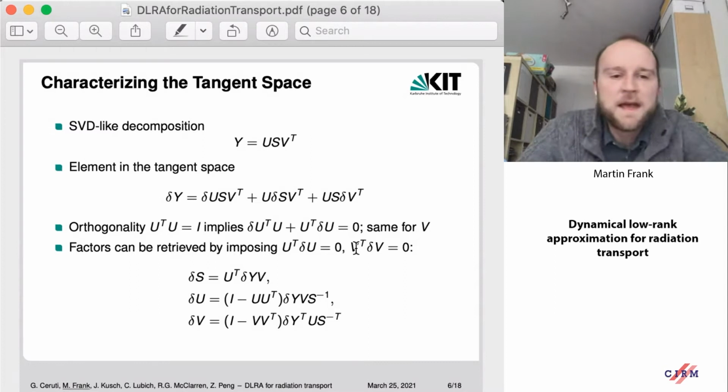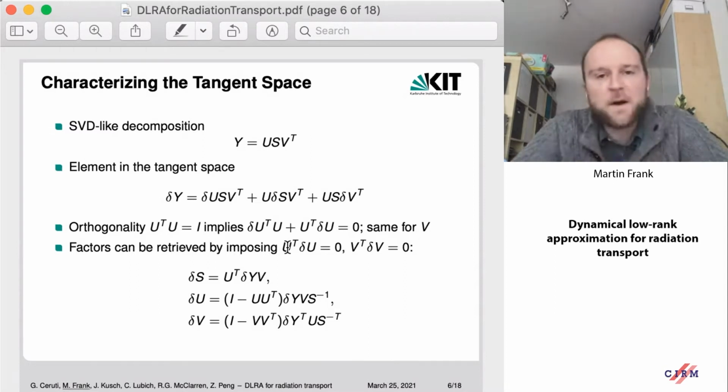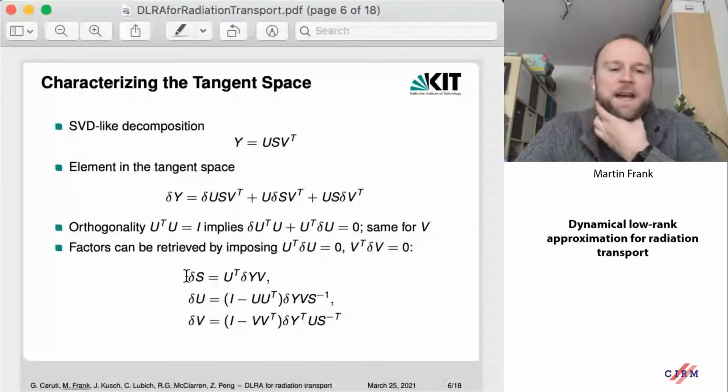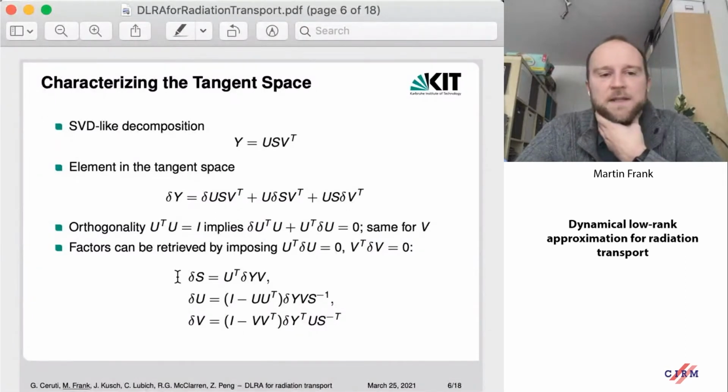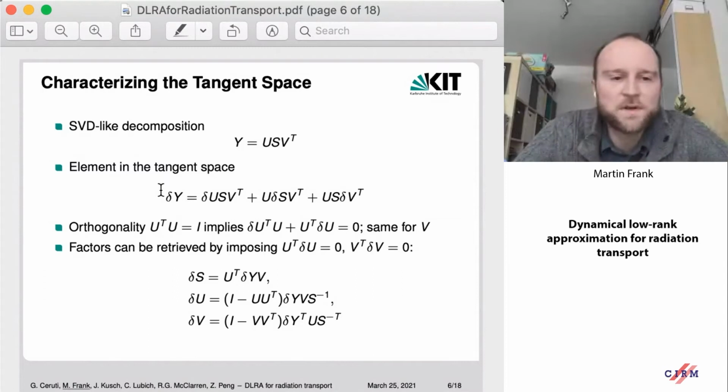And if I assume this, then now we go toward expressing this projection. If I assume this, then I can retrieve all of these factors from this equation. So I have equations for delta S, delta U, and delta V from the delta Y, which is then important for the projection.